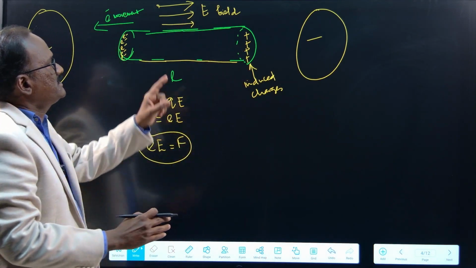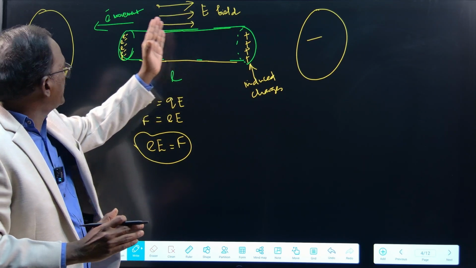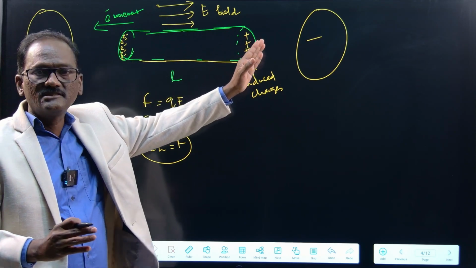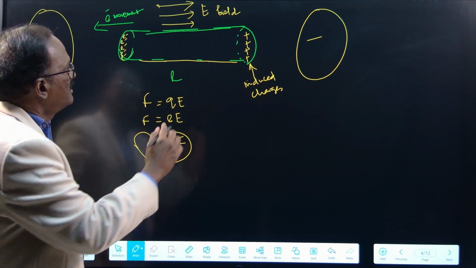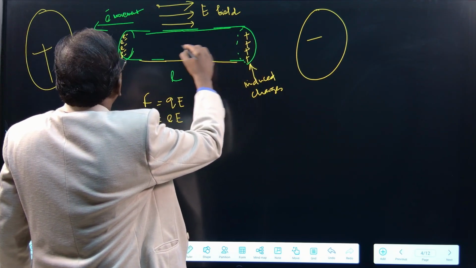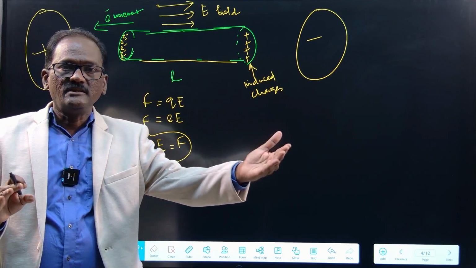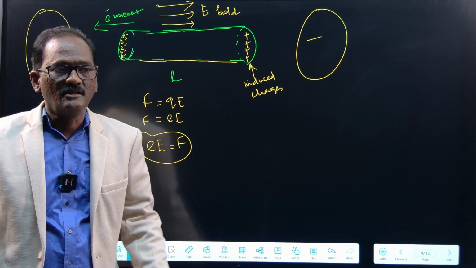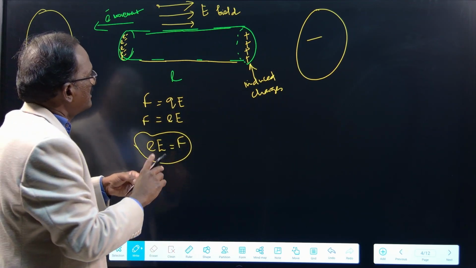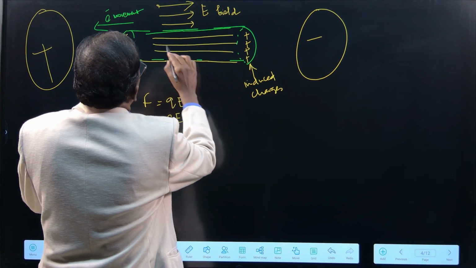According to the definition of electric field lines, they emanate from the positive charge and terminate at the negative charge. This is the fundamental thing. So inside we have some positive charge and some negative charge. They are polarized: on one end positive charges accumulate, on the other end negative charges. So electric field lines are now available inside the material also.